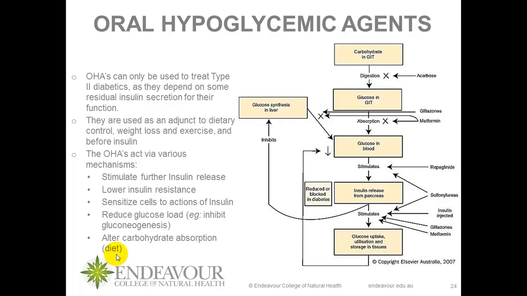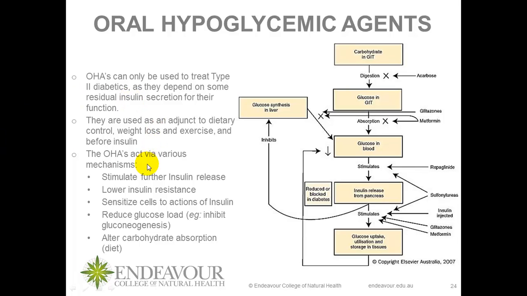The oral hypoglycemics do depend upon the person having some residual insulin that will then also help with the clearance of the glucose from that person's blood. So they're an adjunct to that normal lifestyle change.